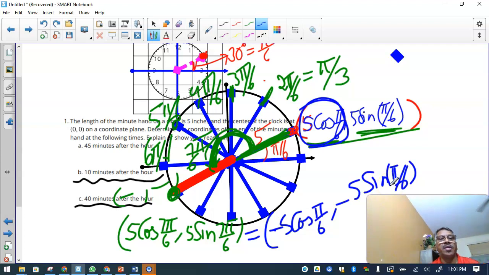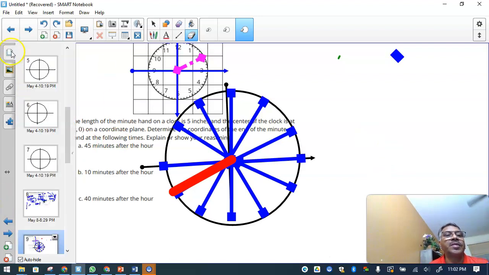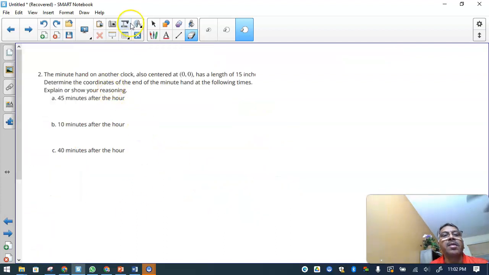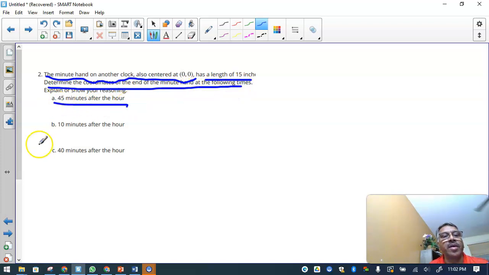And there's another question. I'm going to clean this off. There is one more question; if you see this question, this one is the minute hand. So this is the second question. The minute hand on the other clock is the same thing but has a length of 15 inches. Determine the coordinates at the end of that minute hand for the same times: 45 minutes, 10 minutes, and 40 minutes.